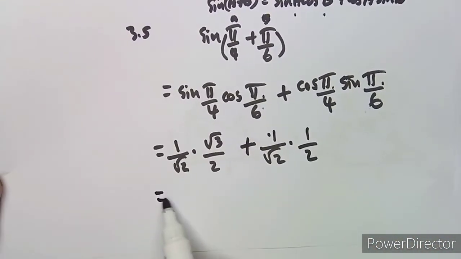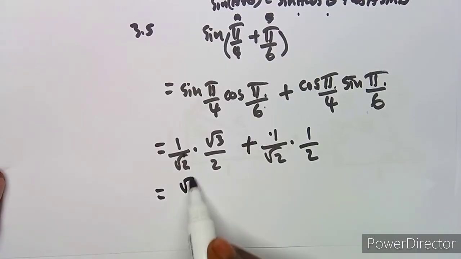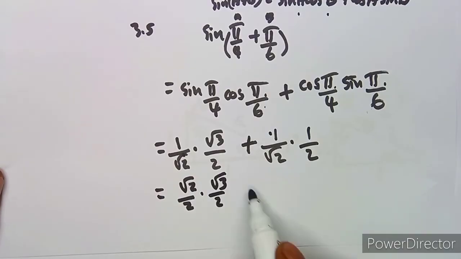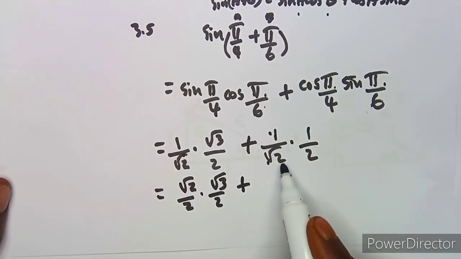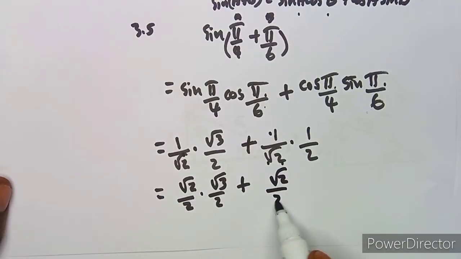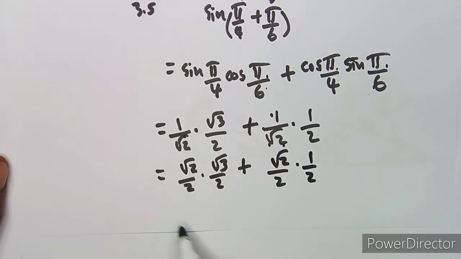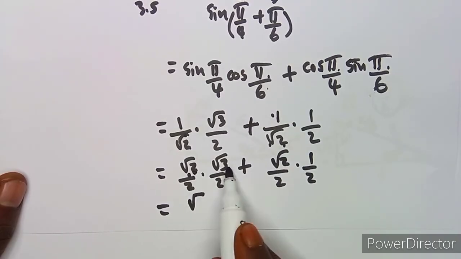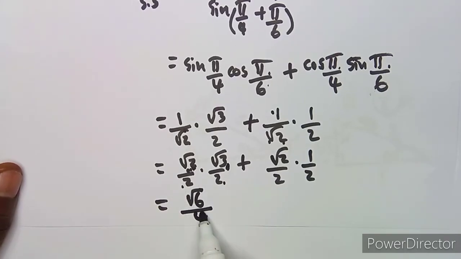All right. So this part here means square root of 2 over 2 times square root of 3 over 2, plus the same thing, 1 over square root of 2 means square root of 2 over 2 times 1 over 2. So you can multiply square root of 2 times square root of 3, which means we multiply these numbers under the square root, 2 times 3, which is 6, over 2 times 2, which is 4.